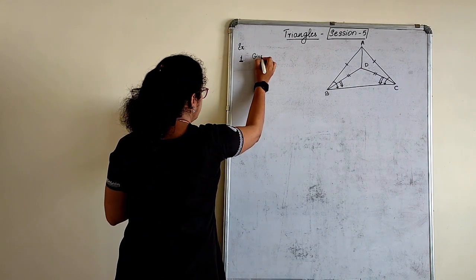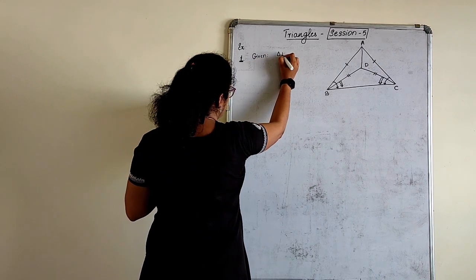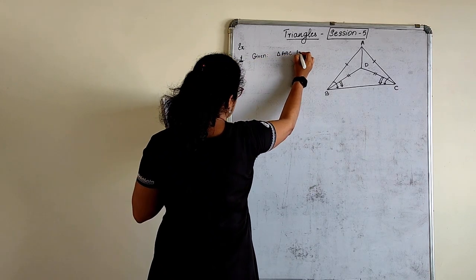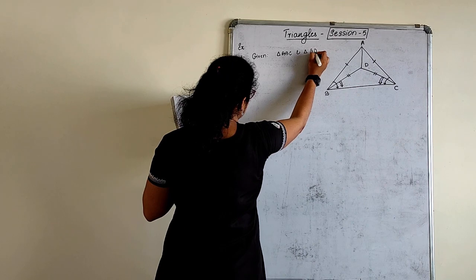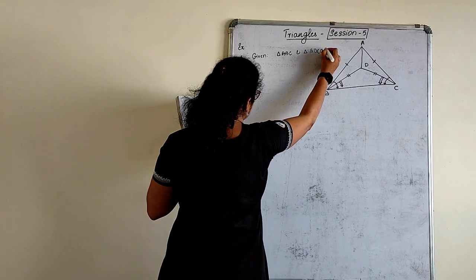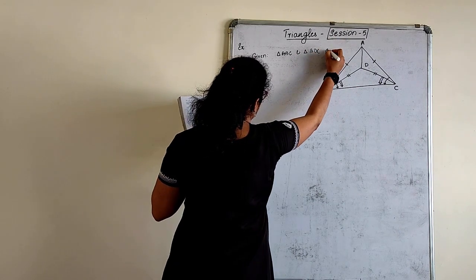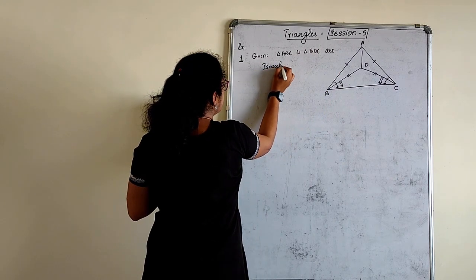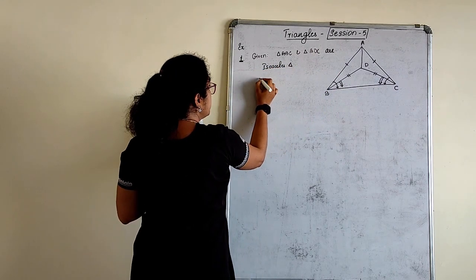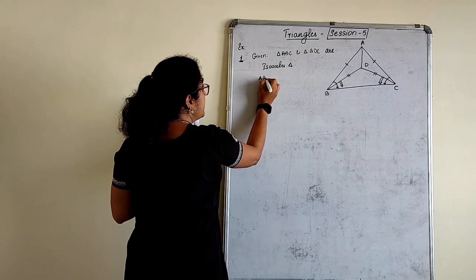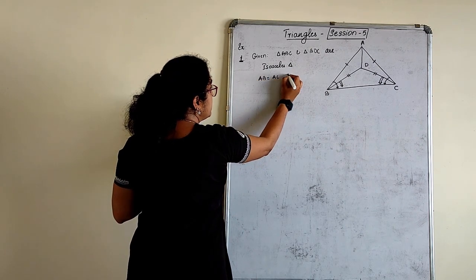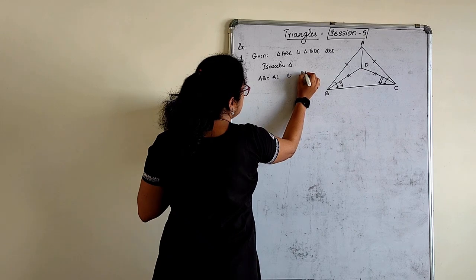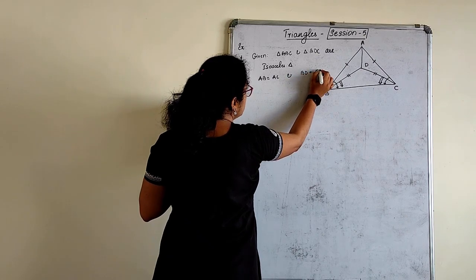So given: triangle ABC and triangle BDC are isosceles triangles. Hence AB is equal to AC and BD is equal to CD.